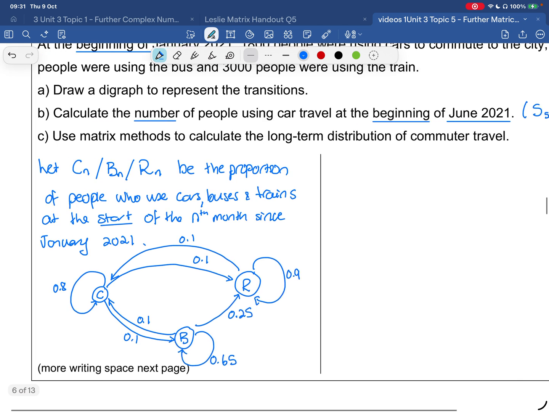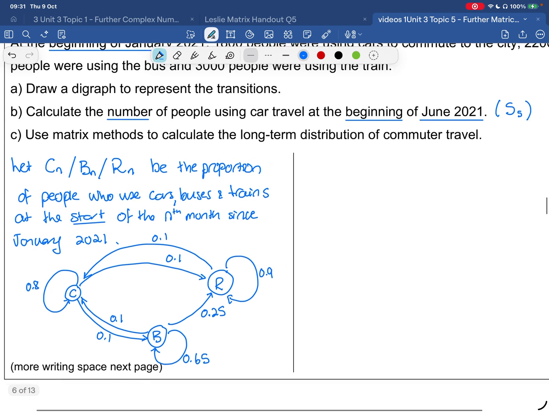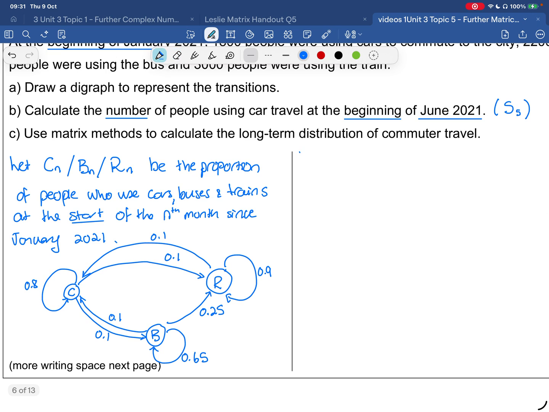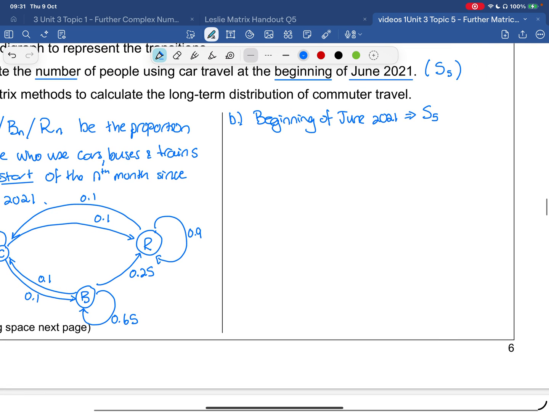Okay, so where do we need to begin? Here's B. We're going to say beginning of June 2021 is going to be equivalent to S5, and I need to set up my transition matrix.